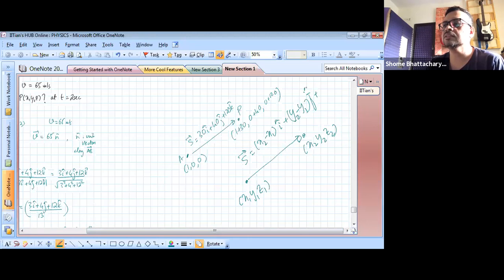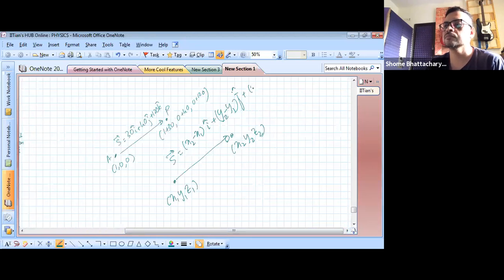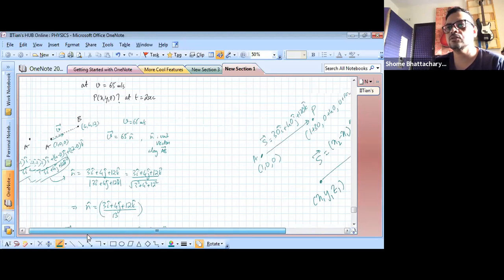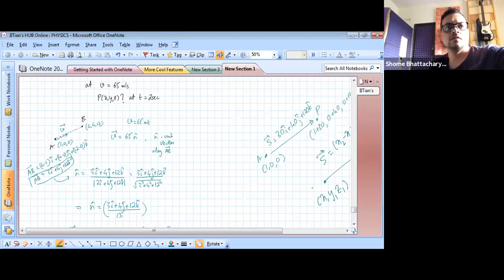That displacement is the vector joining the initial point with the final point. So that is the concept we are using here. Okay, so just go through this part, then I will take you through the final part below also.